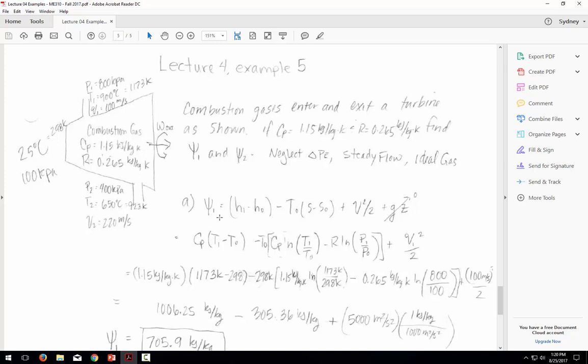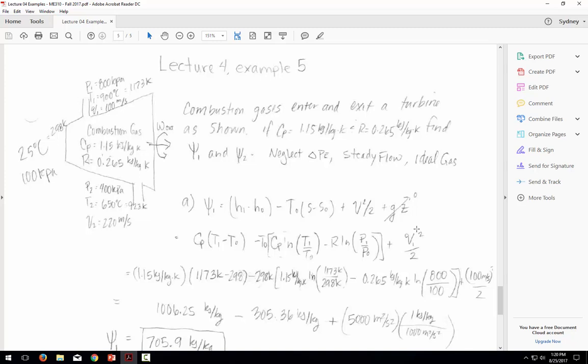So again, we make some approximations using the ideal gas law and the assumptions that often come along with that. We're assuming that H minus H naught is C sub P times T minus T naught, and for the change in entropy, we use Gibbs' second equation, where we use C sub P times the natural log of T1 over T naught, minus R times the natural log of P1 over P naught.